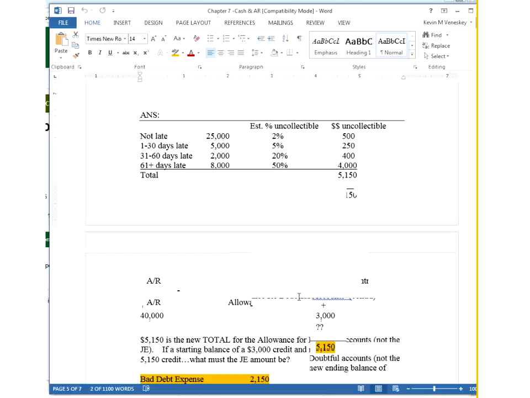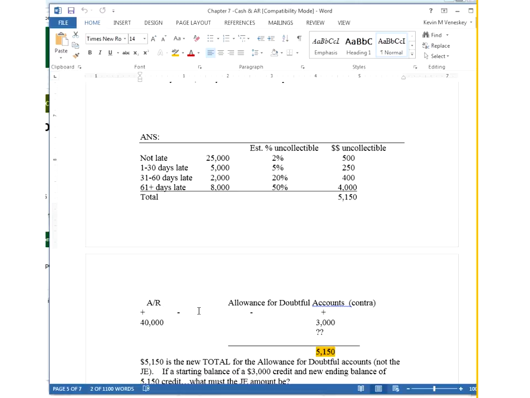So if I would do a T account, I know it's a very rough T account, it's not very easy to do in a Word document, where in Excel it's a lot easier. But if I had 40,000 over here in my AR, and then I got my contra account, minus plus, if I started with 3,000, and I knew I had $5,150 to get to at my ending point, what is my journal entry to get me to that point? And hopefully you can see that it would be $2,150.